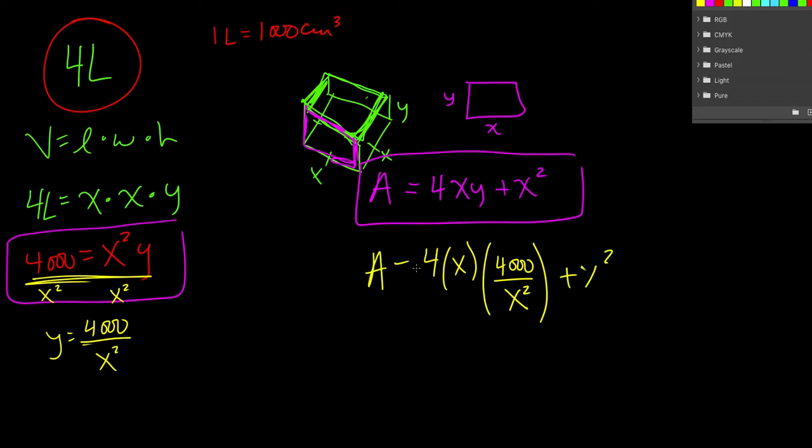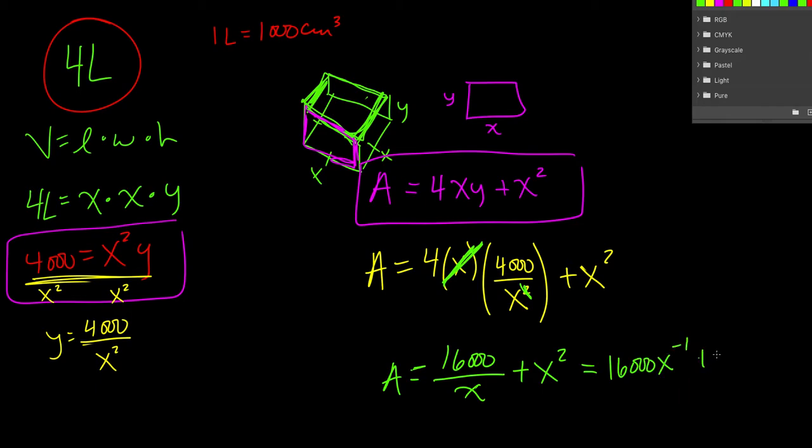This is still equal to our area. Okay, if we can cancel the x with the squared down here, and then 4 times 4,000 is 16,000 over x plus x squared. And then we can rewrite that as 16,000 x to the negative 1 plus x squared.